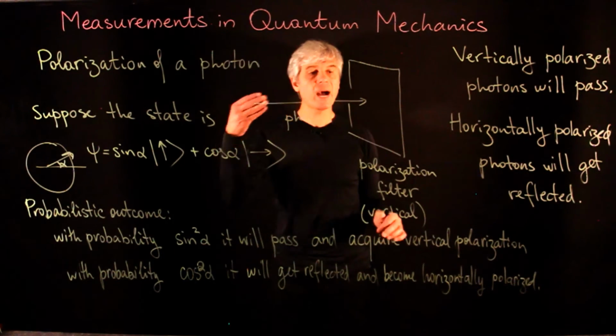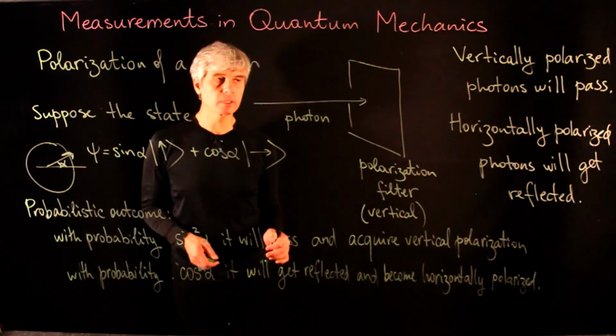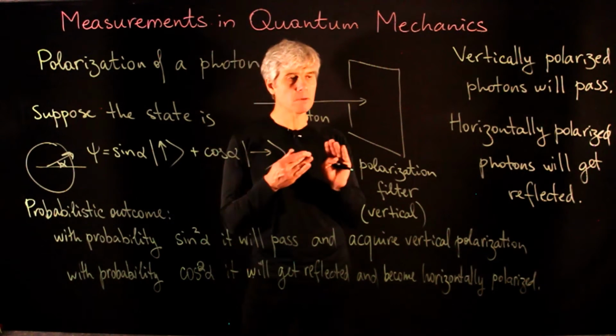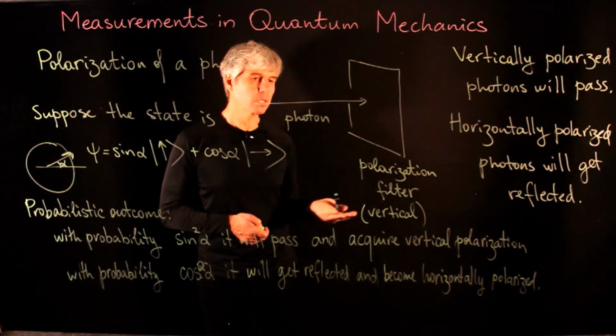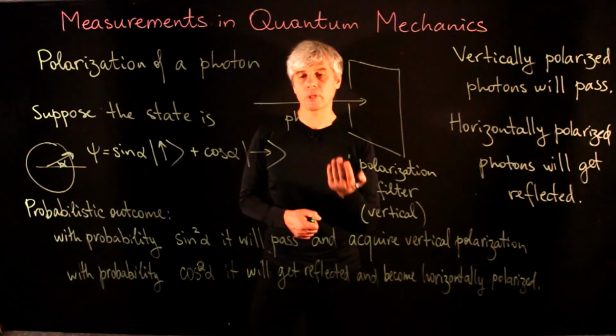So whatever passes through this polarization filter will be strictly vertically polarized, and whatever gets reflected will be horizontally polarized.